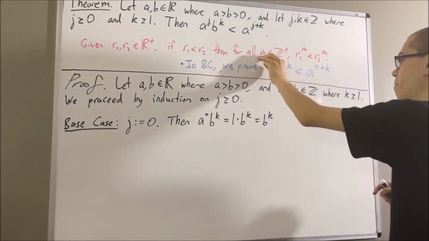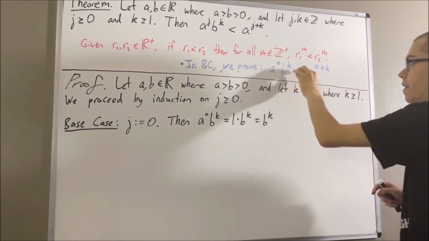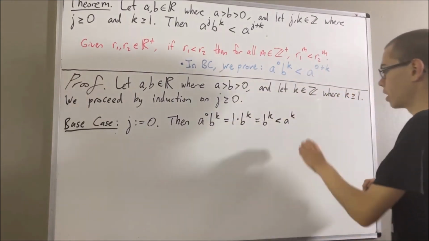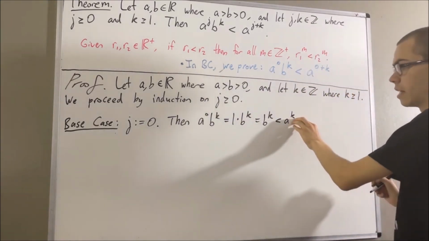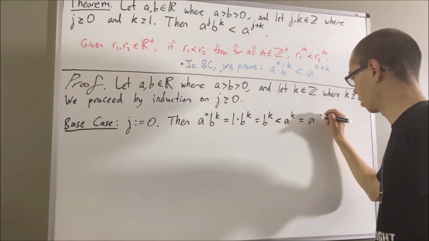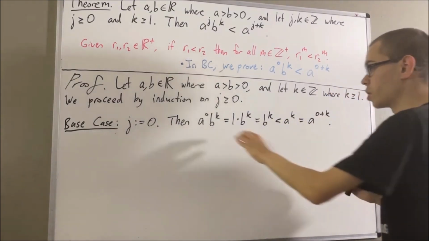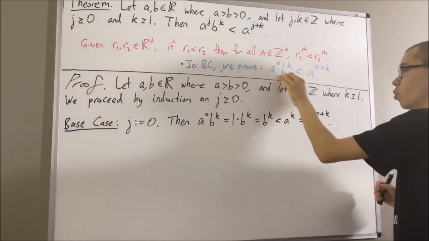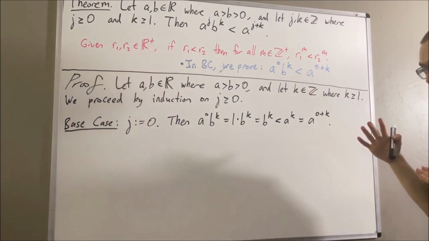So if we take m to be k, then we have that b to the power of k is less than a to the power of k. And we know that a to the power of k is the same thing as a to the power of 0 plus k. So as you can see, we have shown that this is less than this, which is what we wanted to show. So this completes the base case.